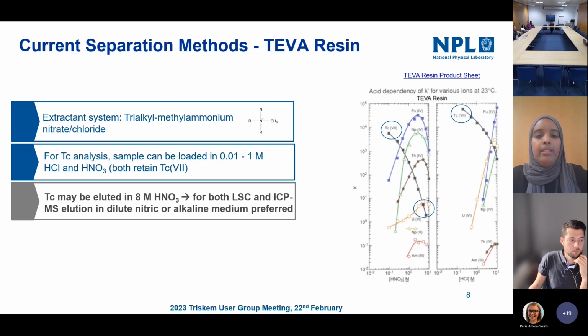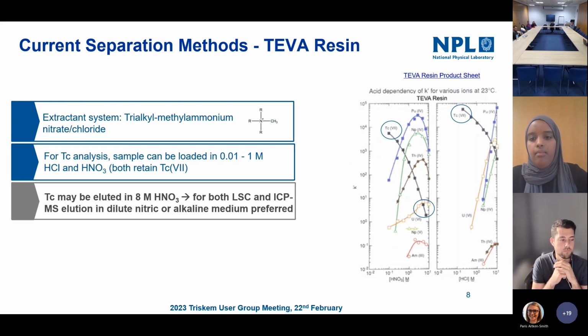But the challenge here is the need for very high nitric molarities to collect your technetium, which is not ideal if you're looking to do direct liquid scintillation and mass spec measurement. So this is where the newer resins that Triskem have, so TK201, are very well suited to help overcome the challenge of having to elute your sample in high nitric.